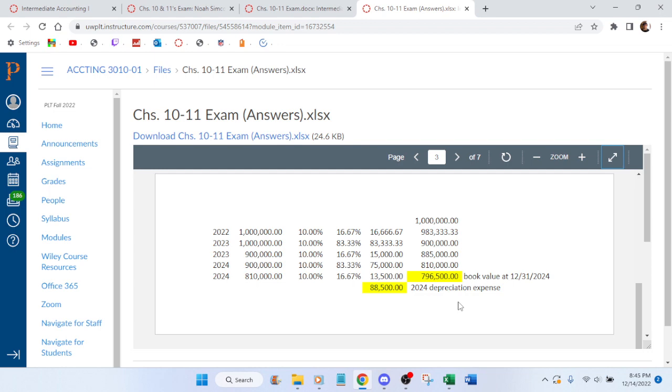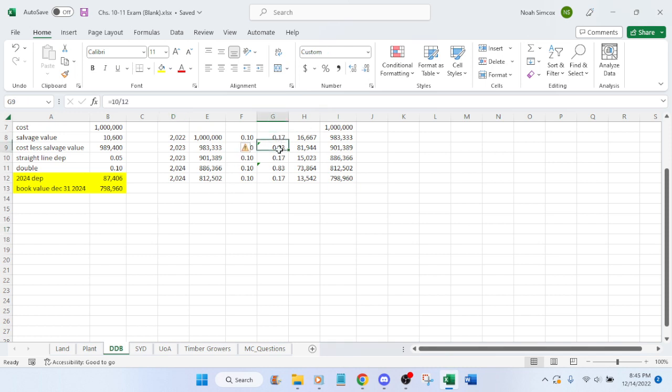Excel automatically eliminates the rounding errors here. This is not going to change anything. If I do this, yeah, see, nothing changed. So which numbers are wrong?